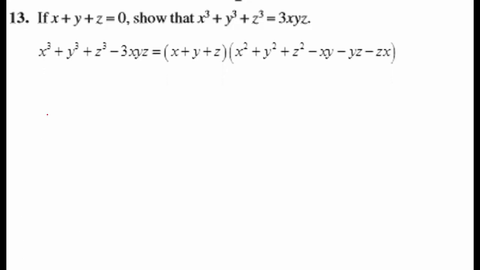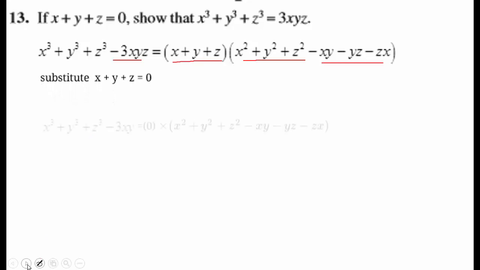Now how? Our algebraic identity says that x cube plus y cube plus z cube minus 3xyz equals x plus y plus z into x square plus y square plus z square minus xy minus yz minus zx. Now substitute x plus y plus z equals 0.